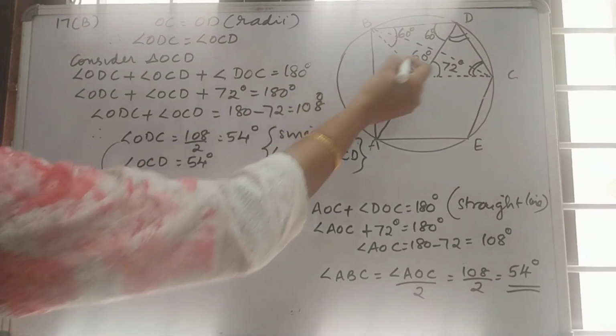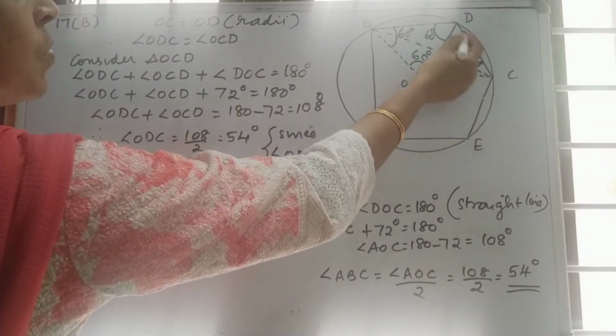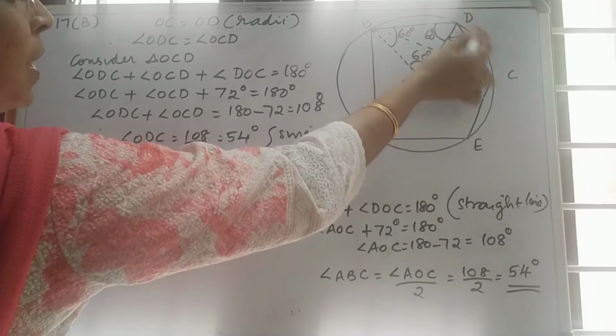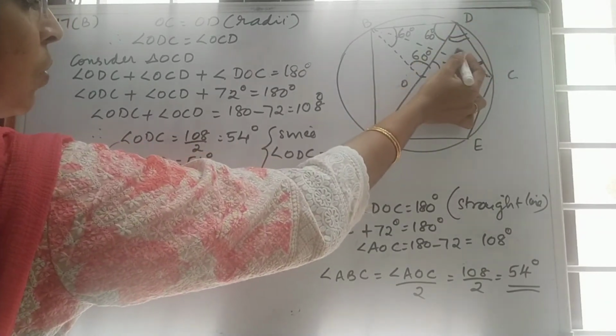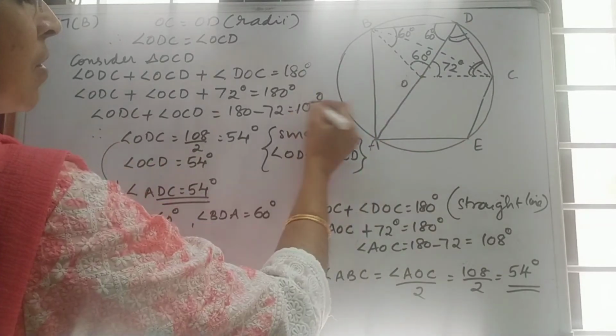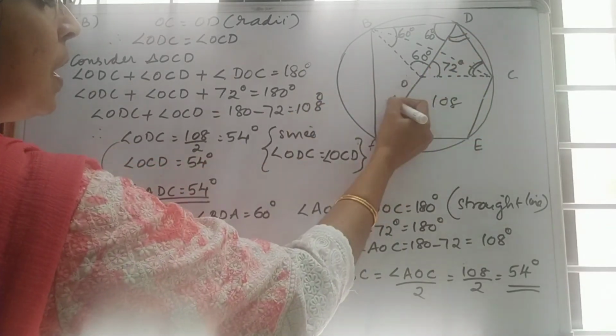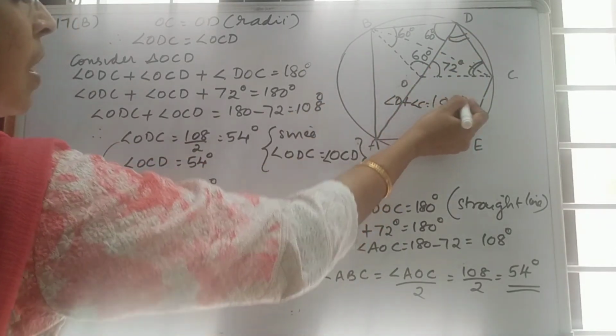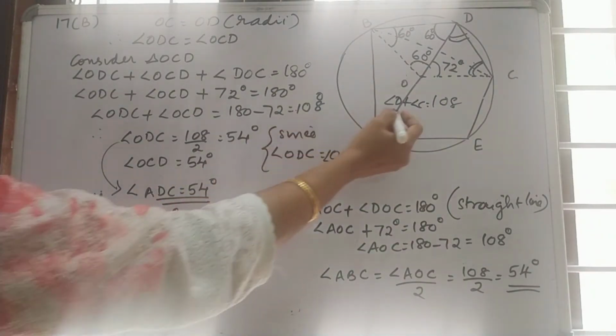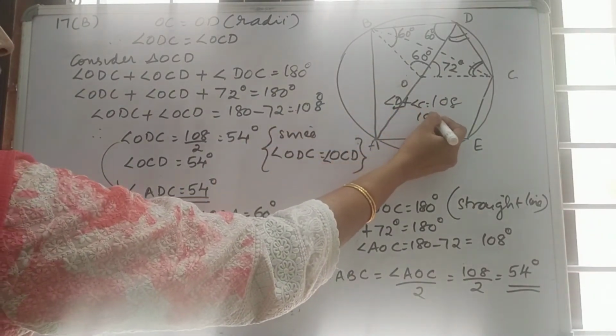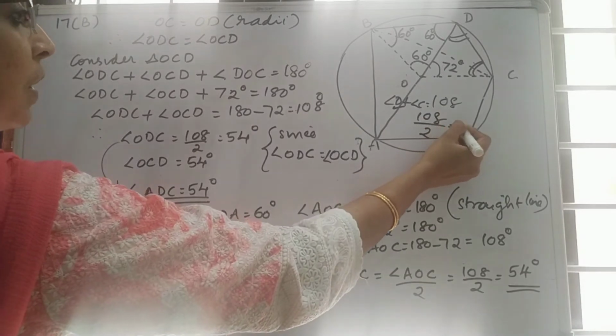Since ODC and OCD are equal, and their sum is 108, what about angle D? That will be 108 divided by 2, which is equal to 54.